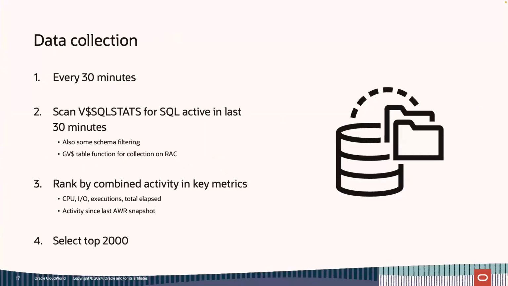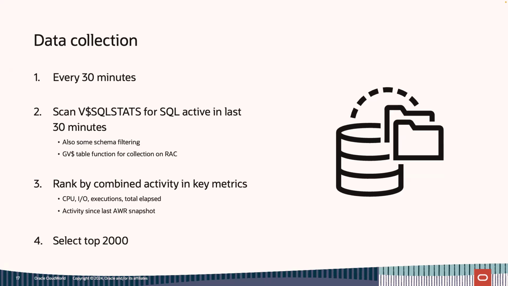In terms of the data collection, I don't want to dwell too long on this. Basically, every 30 minutes, we wake up and scan SQL stats for any SQLs that were active in the last 30 minutes. We're really trying to get a progressive view of the workload as the day goes on. We do some schema filtering.